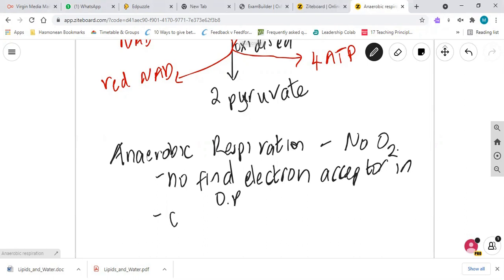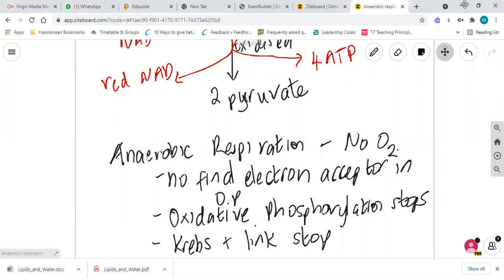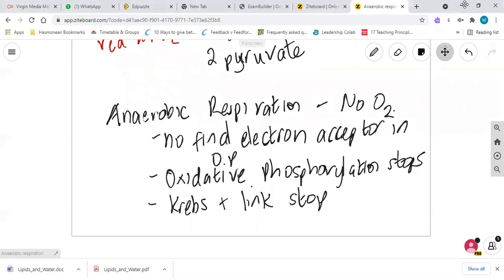Therefore, oxidative phosphorylation will stop because the electrons can't come off the final electron carrier. So therefore, the whole process will stop. And therefore, Krebs and the link also stop. Because the whole purpose of the Krebs and the link is to produce reduced NADs and reduced FADs.